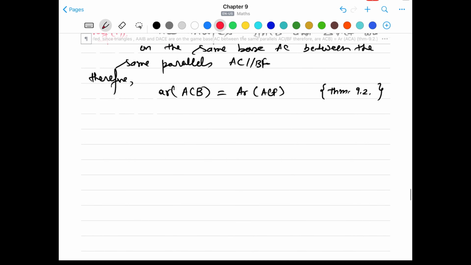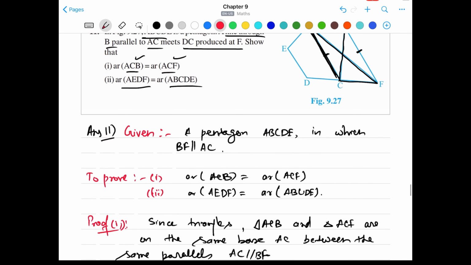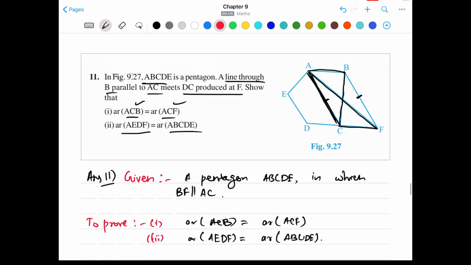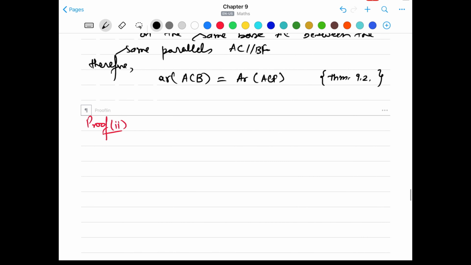Now let's see the proof of part 2. Here we are asked to prove that the area of figure AEDF is equal to the area of pentagon ABCDE. Okay, so we are going to start with what we have proved in part 1.